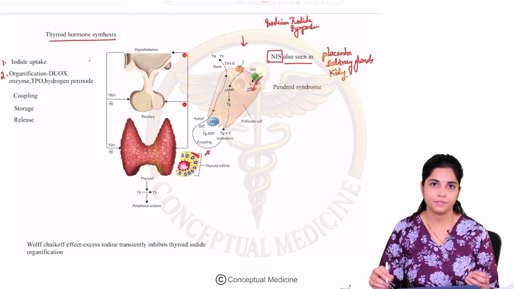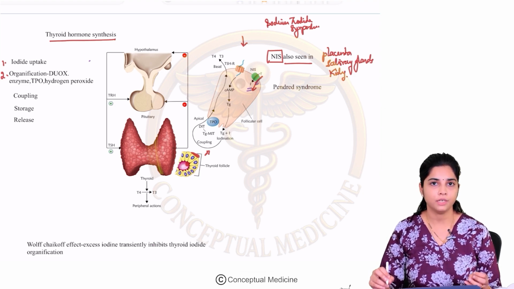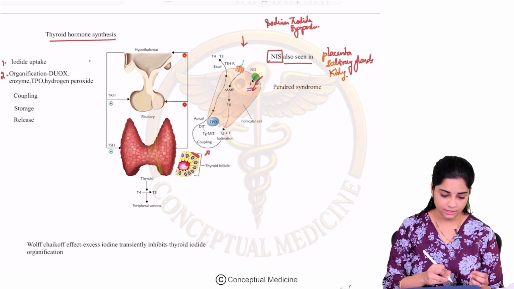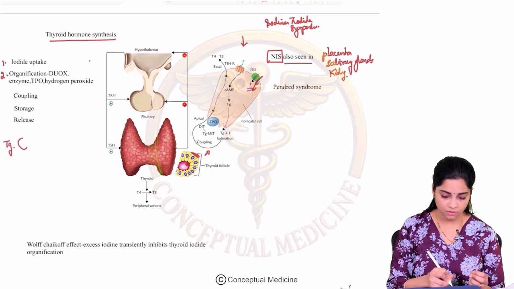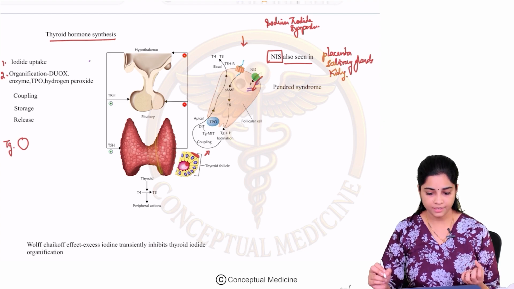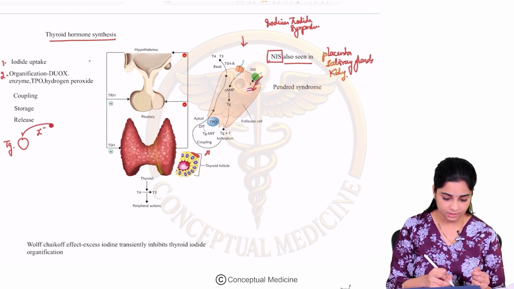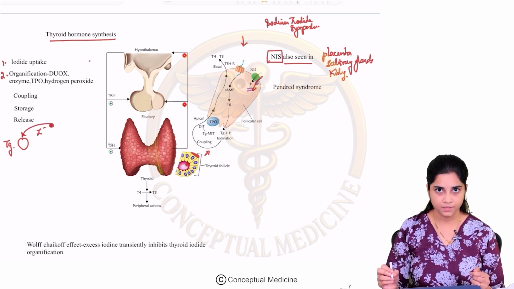organification. Okay, so what is this process of organification? Now, we know that there are thyroglobulin molecules which are present within your thyroid follicle, right? So, the iodine which is present here is then added to the thyroglobulin molecules. To what?